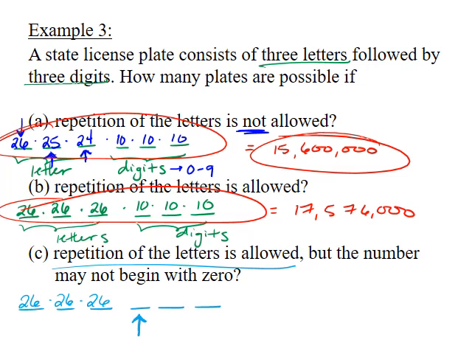That cannot be 0. Well, if there are 10 digits and one of them is 0, that means I only have 9 choices here. But there are no other restrictions, so the other 2 digits can be 10 choices. When I multiply this out, I get 15,818,400.